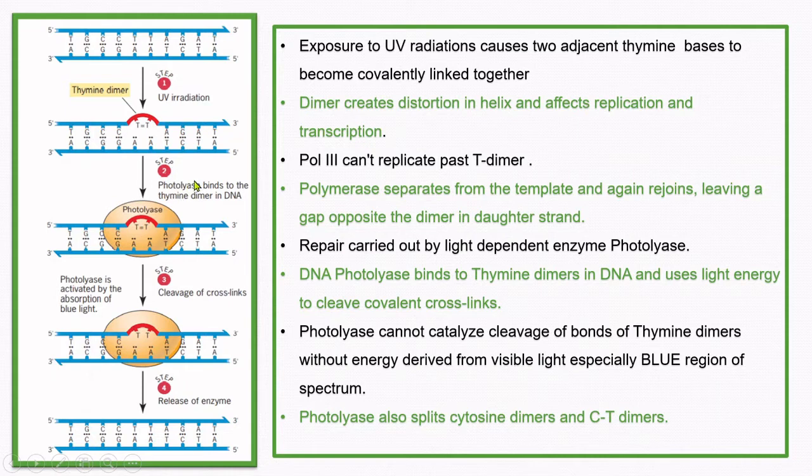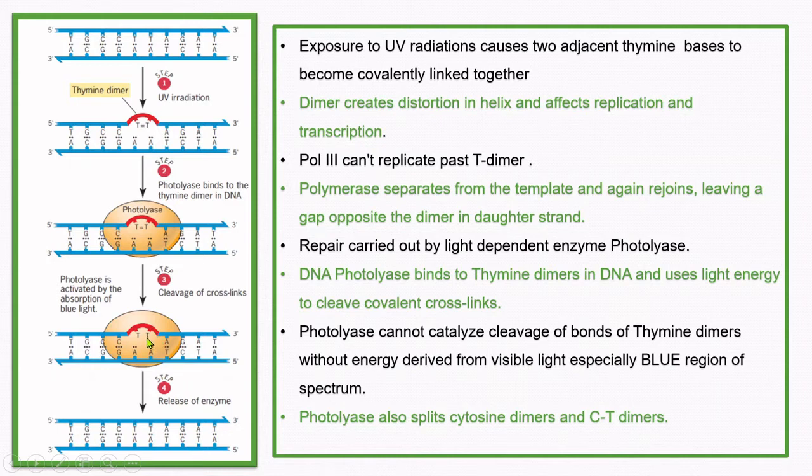It uses light energy to break the bond between two adjacent thymine bases. That means the bond between the two thymines that has caused the formation of the dimer is broken by the enzyme photolyase, and therefore the damage has been repaired.